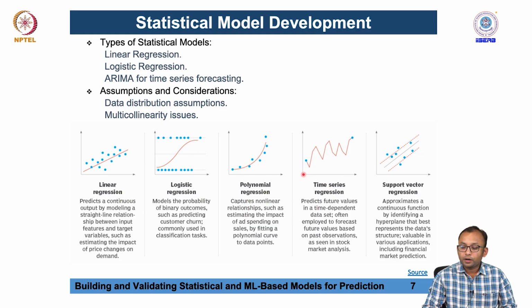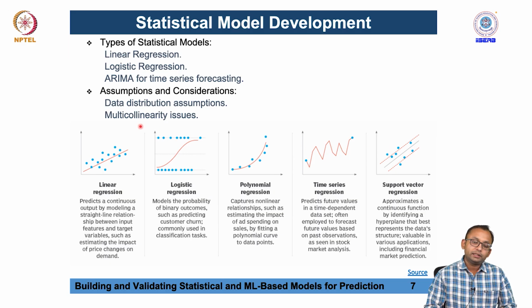Or let us say we have a time series, then we can use time series based models like ARIMA and SARIMA to forecast for future time steps. Or we can use support vector machine or further ML or AI based models for predicting the nonlinear pattern with the input data set and the predictive variables.